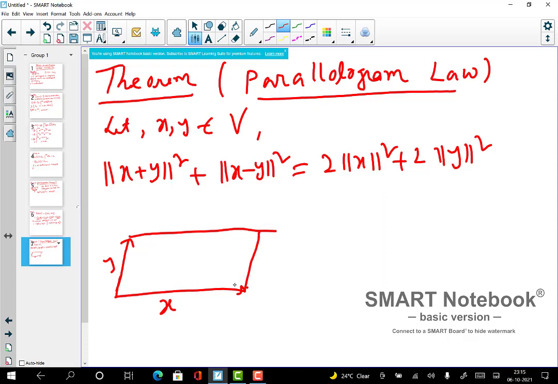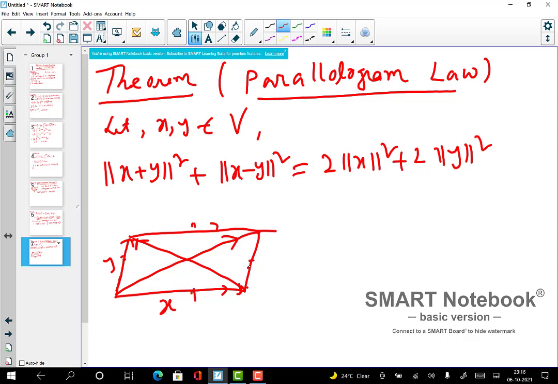Then x plus y will be this, and x minus y will be this. That tells you that the lengths of these vectors, which are actually the diagonals, if we add those things, will be 2 times the length of this plus the length of this.